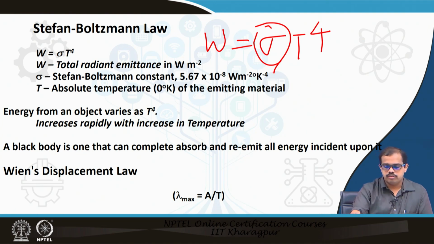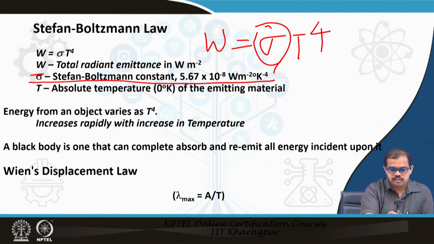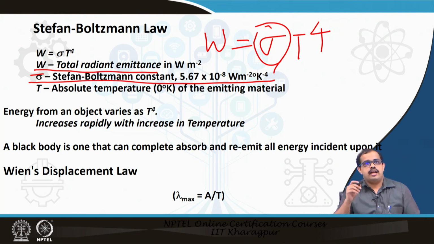So if you look at this, this is Stefan-Boltzmann's law. You have total radiant emittance, which is watt per meter square, and T is the absolute temperature of the emitting material. What is the material that is emitting?